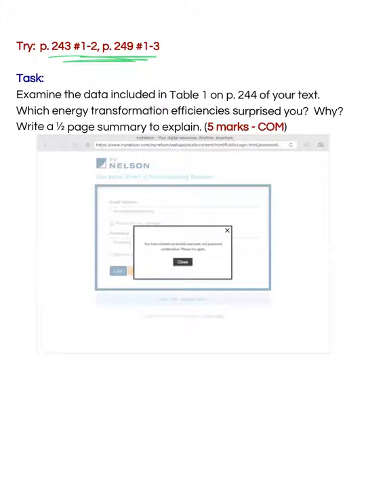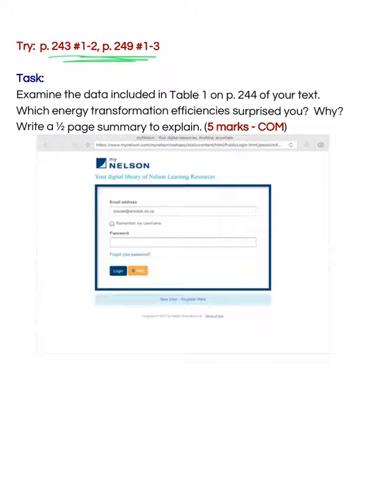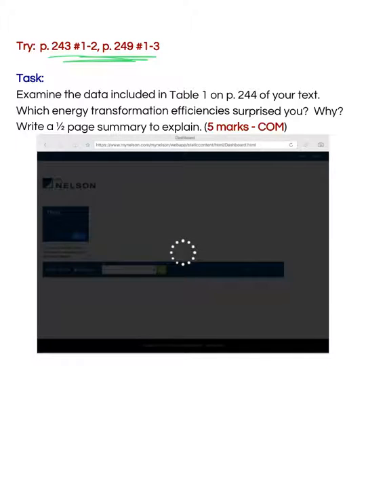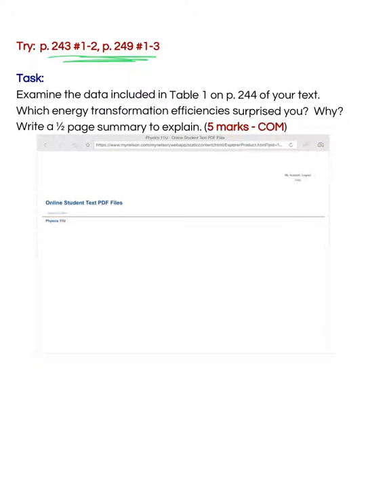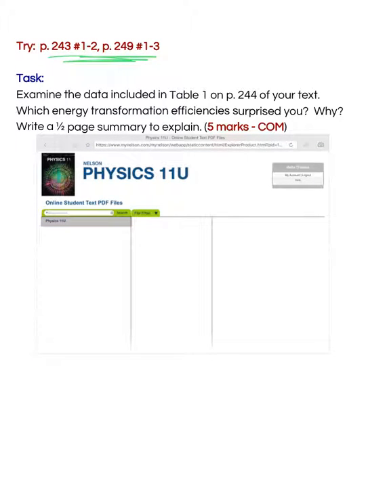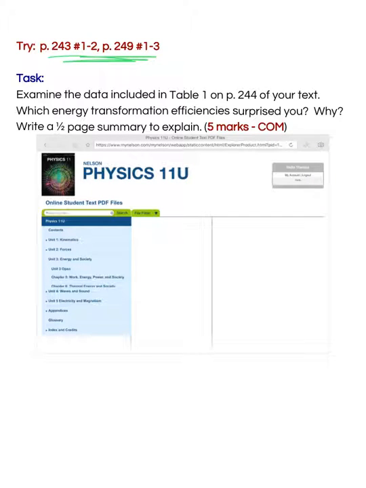Try that again. Success. In this table, what you'll see are the efficiencies of some various energy transformations.